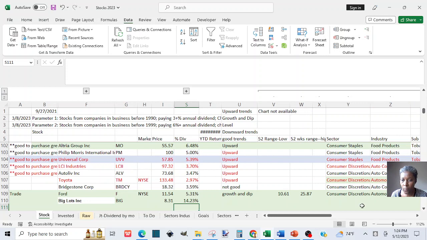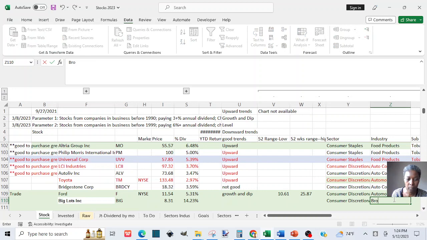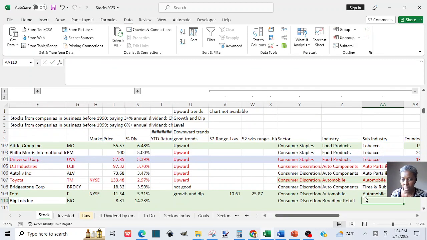So I will copy the discretionary down, and then I will have Broadline Retail, and the sub-industry has the same name, so I will add it here as well.